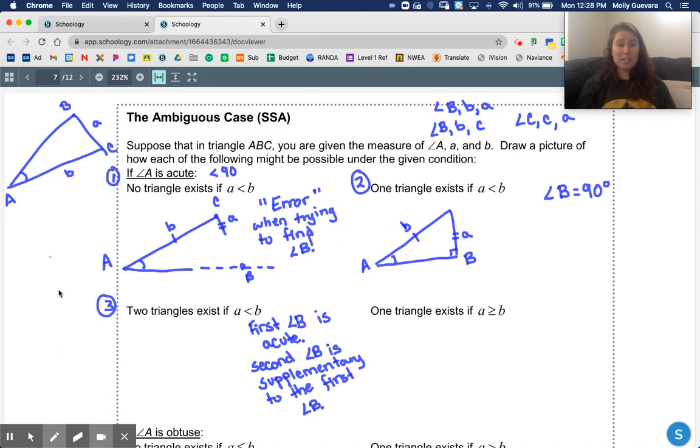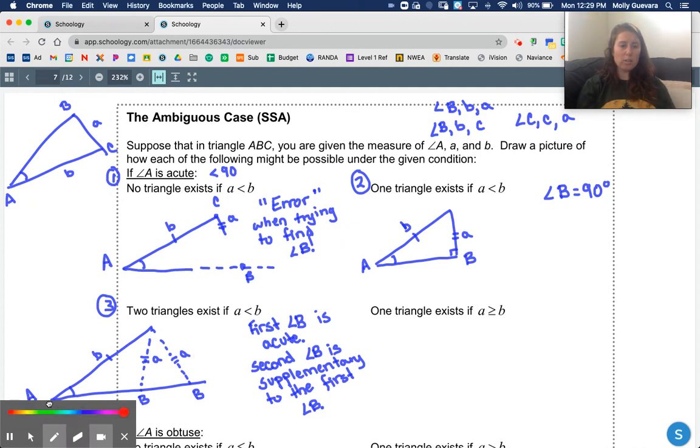So that actually means that there's two triangles, and this one's a little bit harder for me to draw, so my apologies in advance. So here's angle A. So what this means is I could have this be an angle B. This is side B here. And this is side A, okay? Or this length A can swing around and I could have another B. This is also A. So there's actually two triangles.